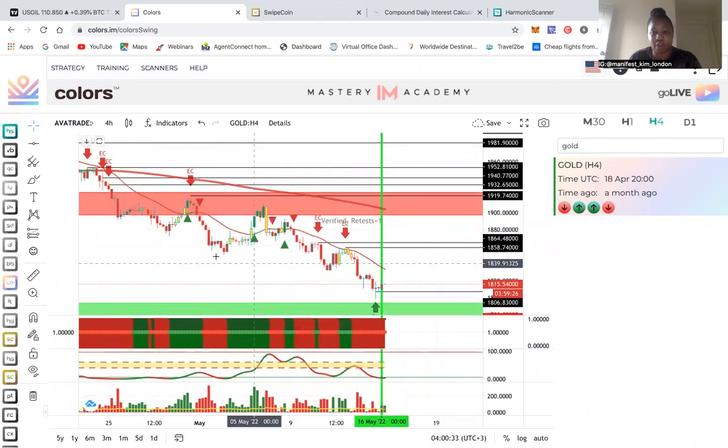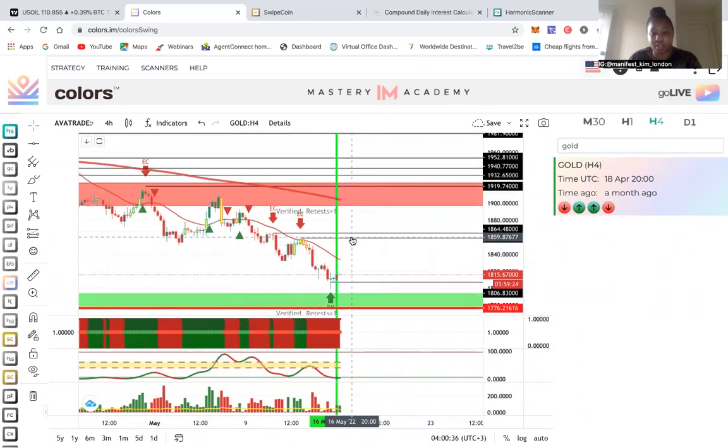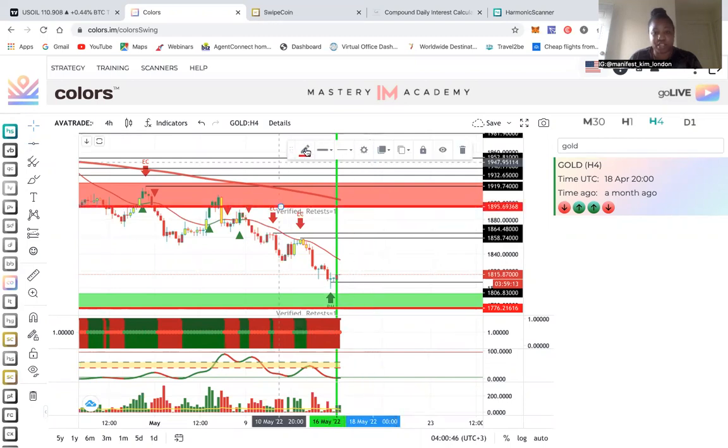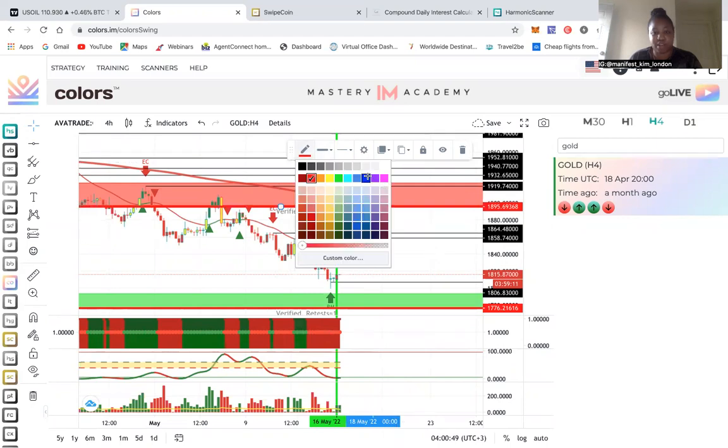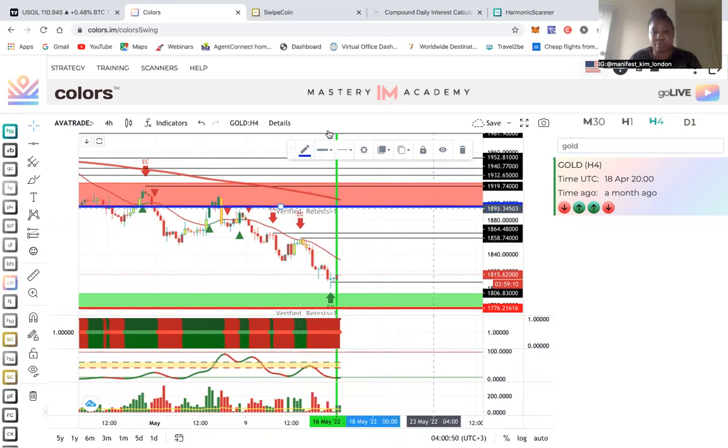On the 4 hour now, TP1, the line is already there. TP1, TP2. Let's make this blue so you guys can see what I'm doing. That's TP2, and if you want to do the rest of the lines as TPs, you can, but I'm just giving you the basic run here.